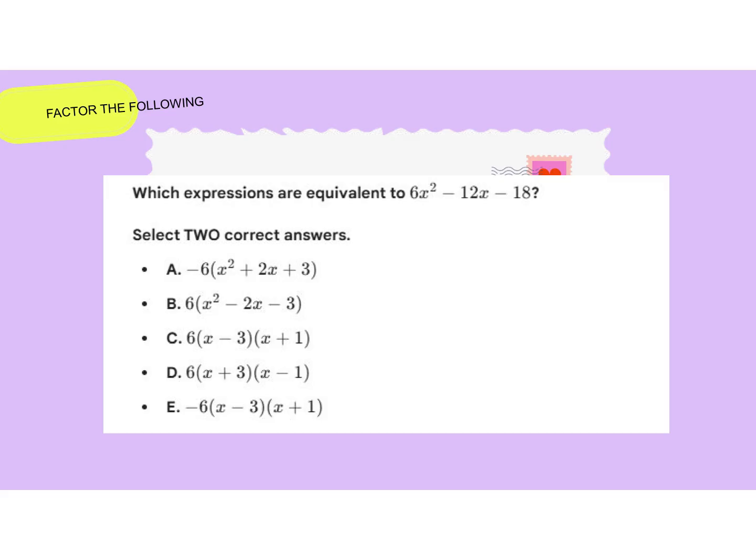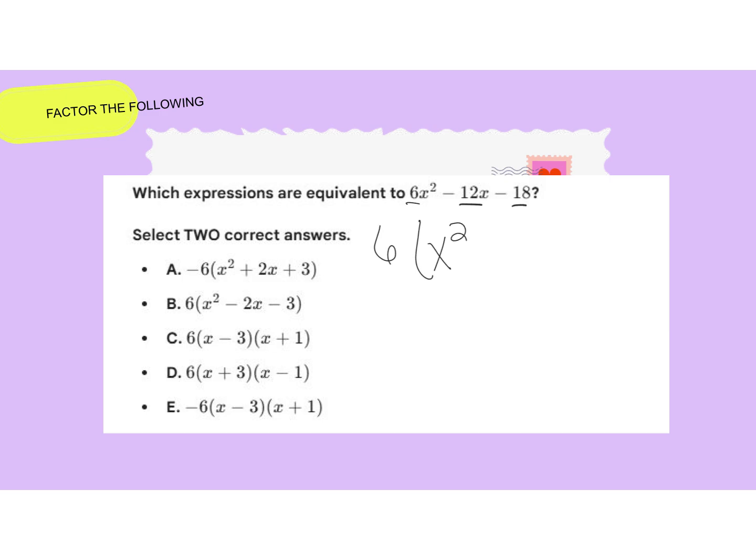Okay, so let's see which expressions are equivalent. Remember, when we have answer choices like these, we could work backwards, meaning just multiply. But I'm going to take a look. 6, 12, and 18, well, they have a positive 6 in common. So I'm going to factor out a 6, meaning factor out the greatest common factor.